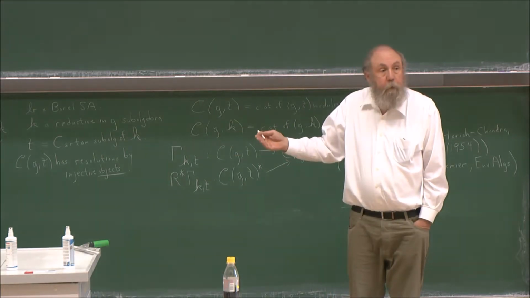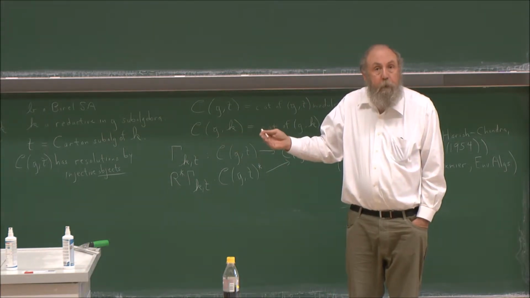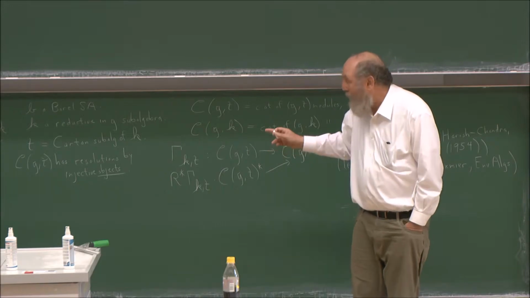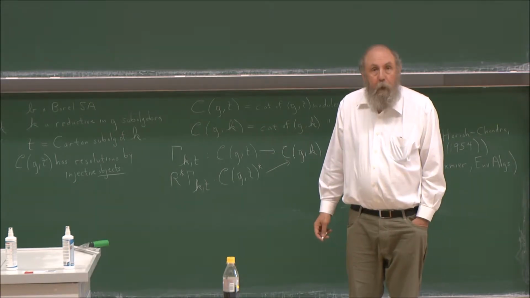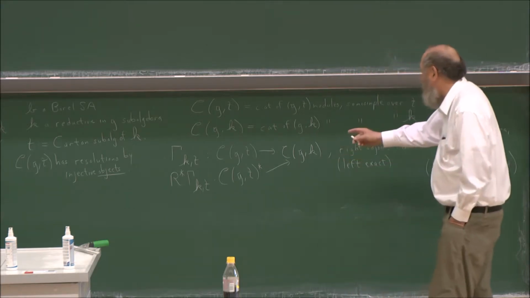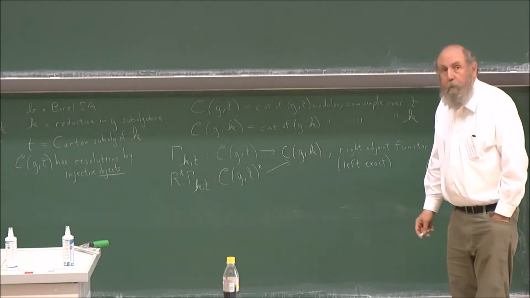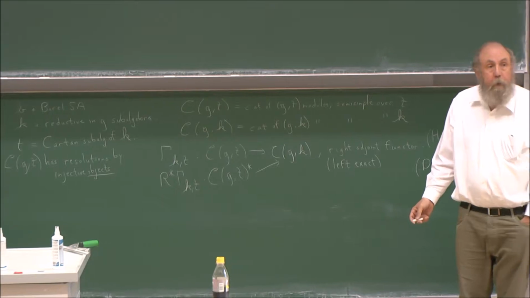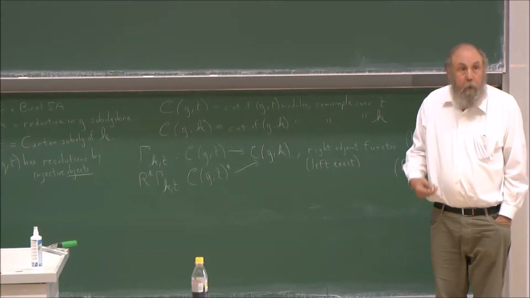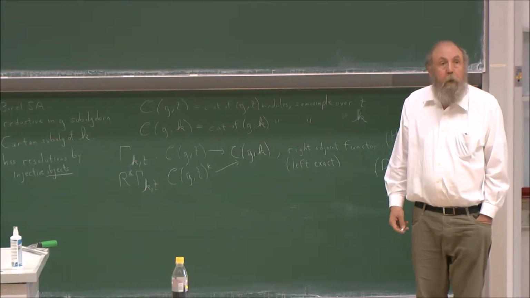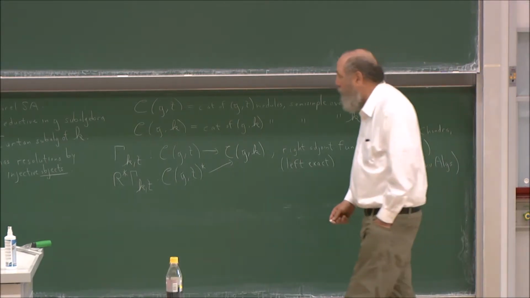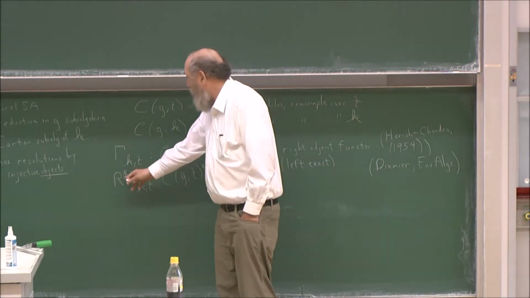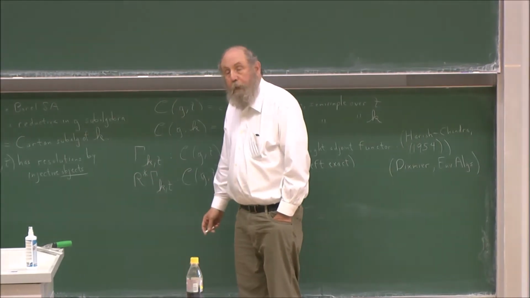You take an injective resolution of a GT module within the category CGT, and then apply the functor gamma. That gives you a new complex, which can now have cohomology. Cohomology of the complex is by definition R star gamma applied to an object.